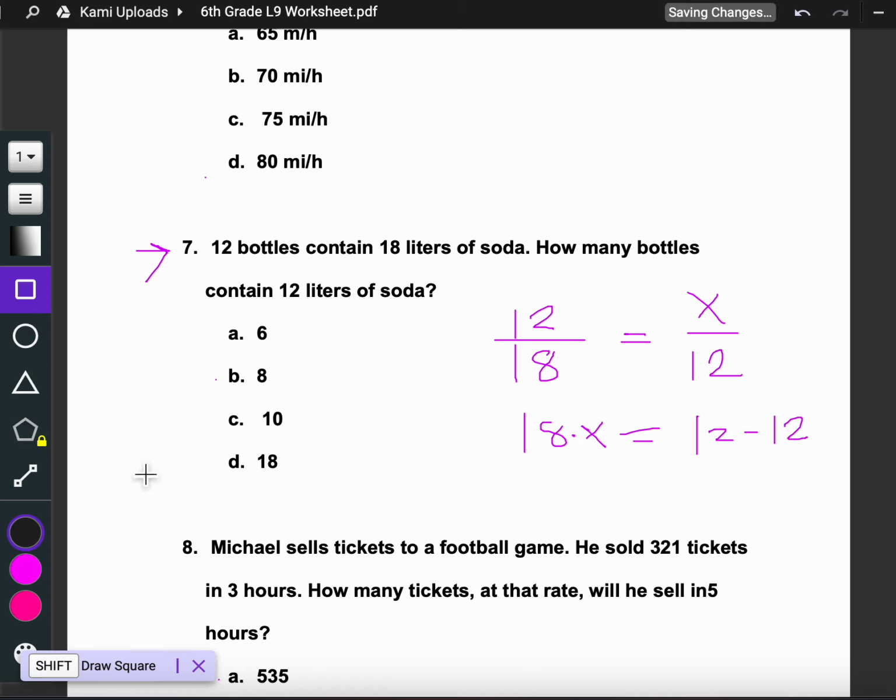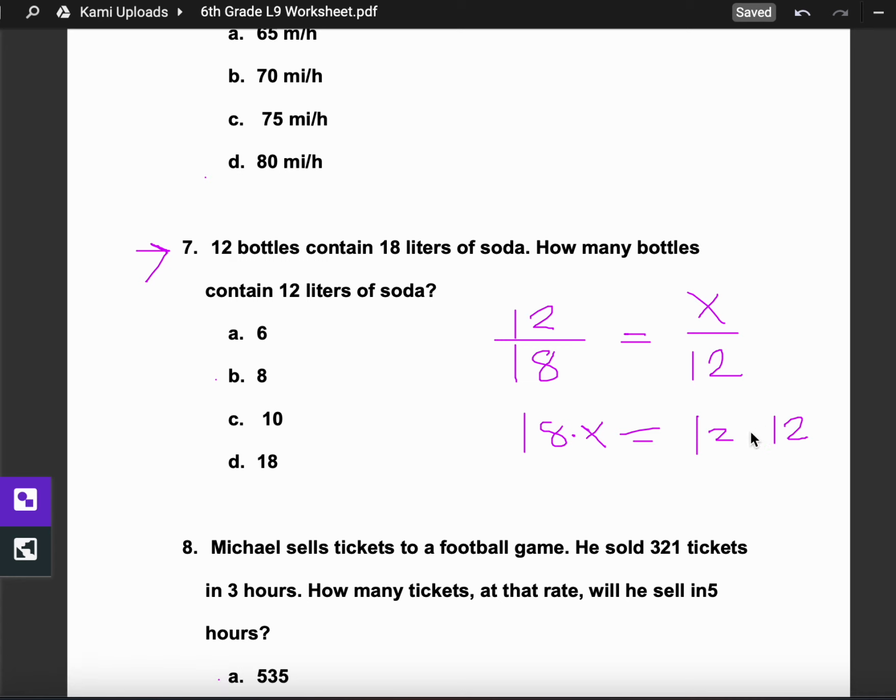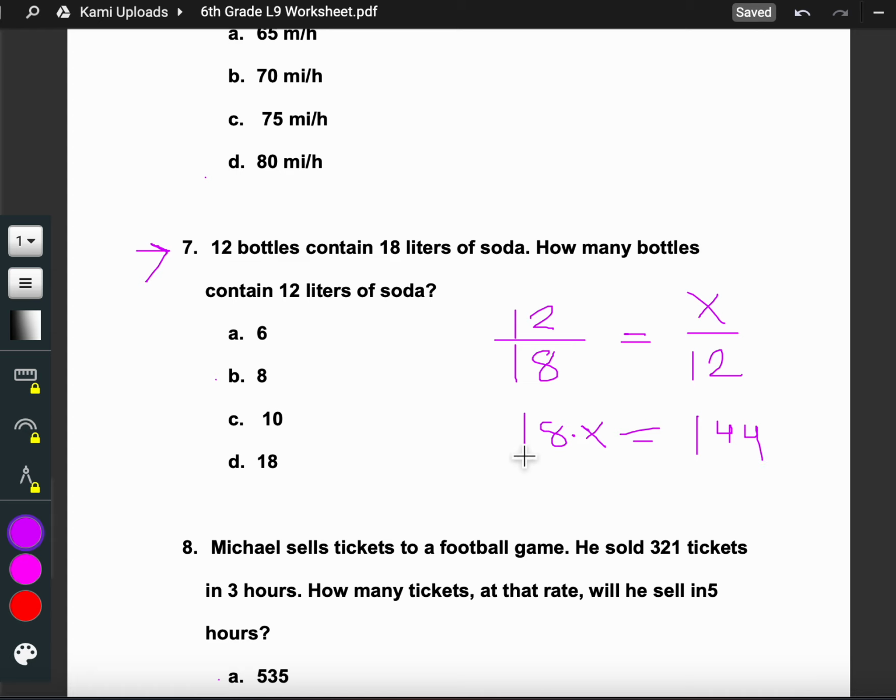Oops, that looks like a subtraction sign. Okay. We already know 12 times 12 is 144, so I'm just directly going to write 144 right here. Then we're supposed to divide both sides by 18.